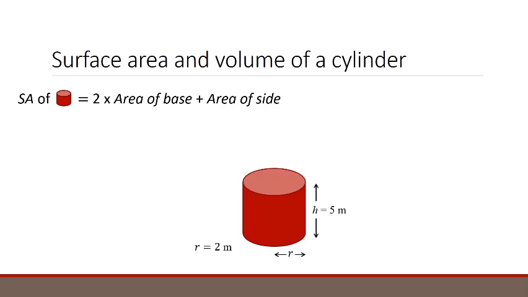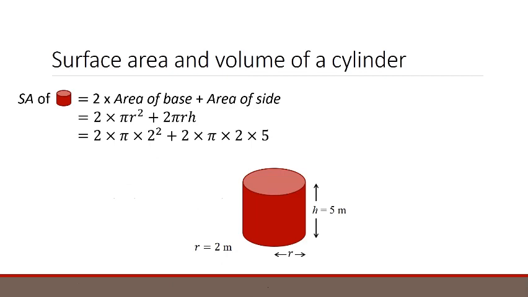The width of that rectangle is the same as the height of the water tank or cylinder. So in this case, we simply go twice times pi r squared plus 2 pi r, that's the circumference, times h, the height. And that second part, 2 pi r h, finds the area of that rectangular side.